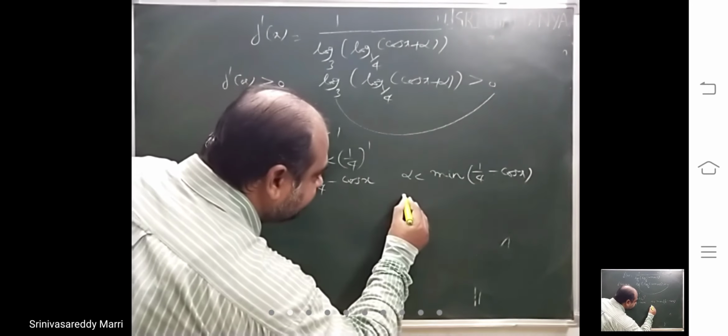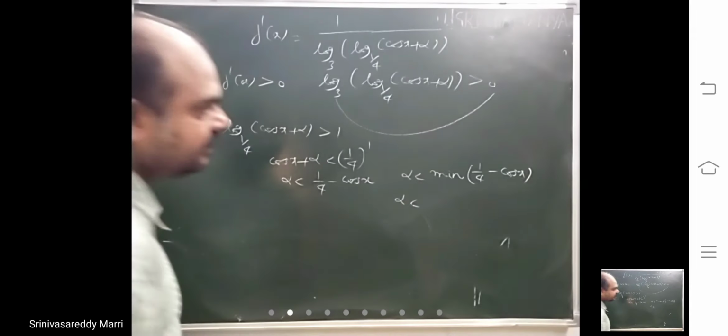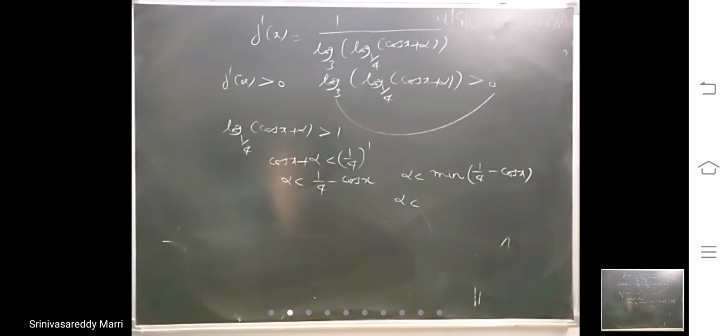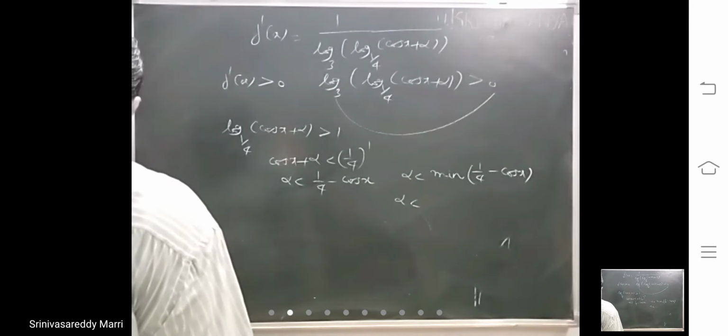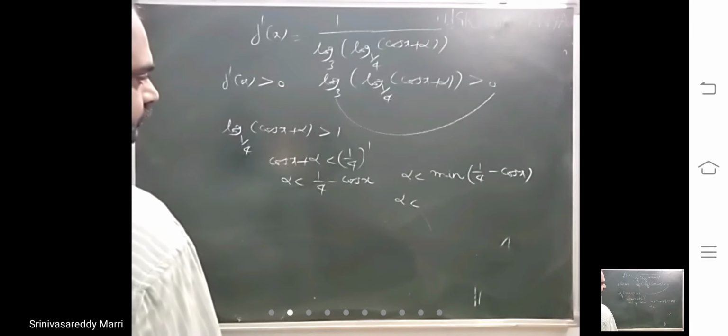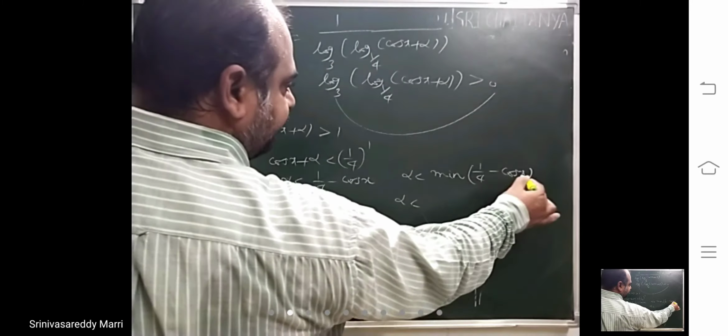What is the minimum value of 1 by 4 minus cos x?